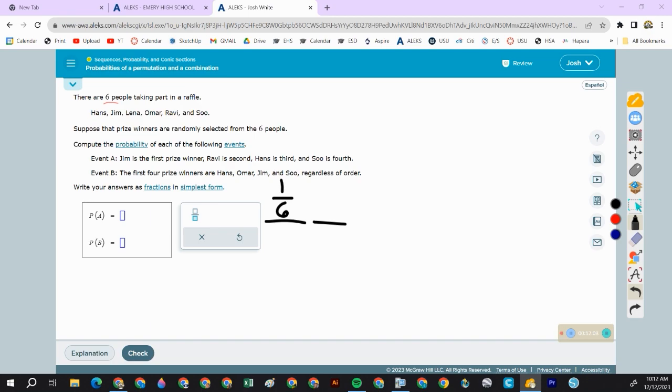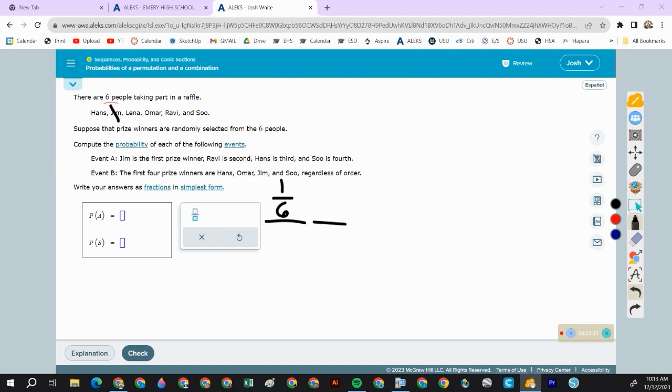That's a little bit harder, right? So we already picked Jim. Are we going to put him back in the raffle? How do we know? Doesn't really say, right? But we're assuming if you win, you don't get put back in.